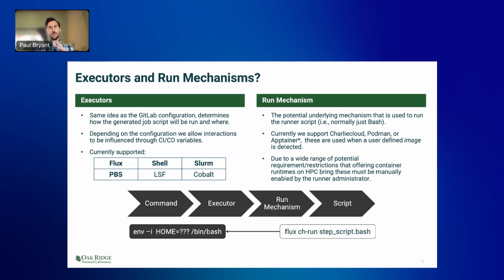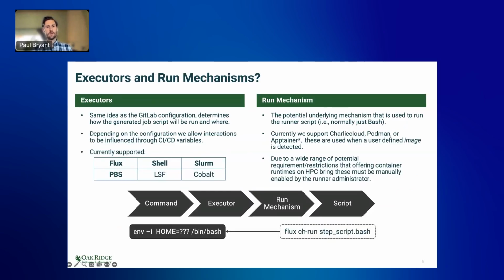Within that script, if you want to run some other shell script that you have, that's okay, but the initial script you write in the CI YAML file will always be bash. And then the run mechanisms are things like HPC container runtimes like Charliecloud, Podman, or Apptainer. The asterisk with Apptainer is it's not as fully supported as Charliecloud and Podman, and probably needs a little bit more feedback from users to get there.